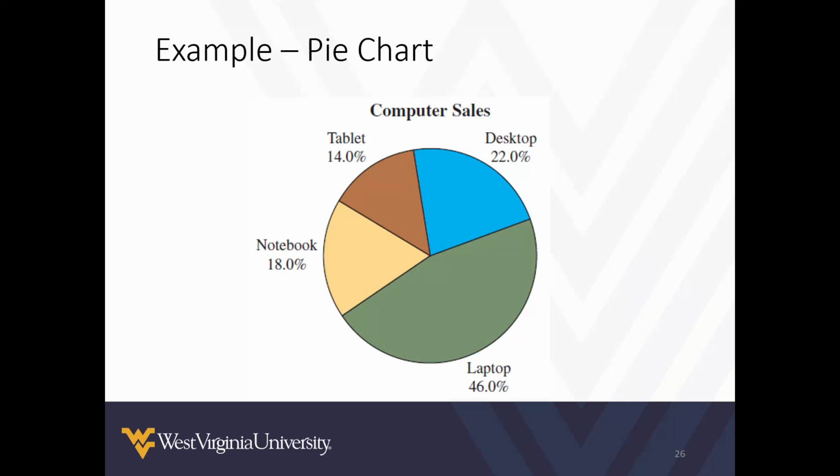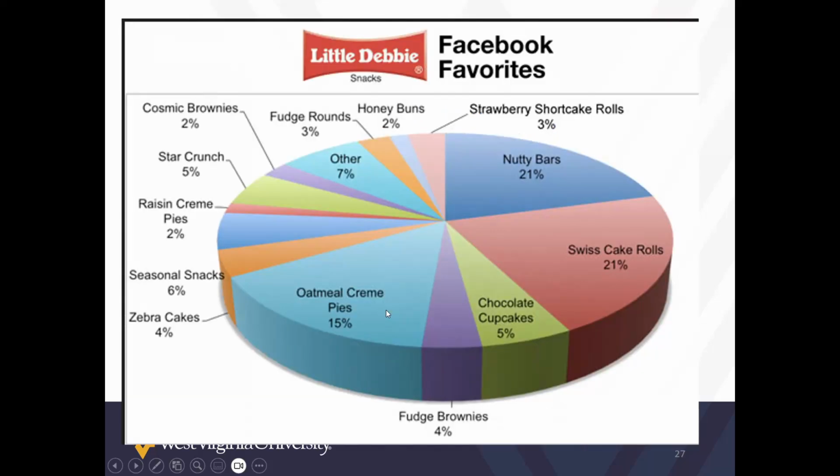Still using our computer sales data set, we can see it in pie chart format, where the tablet takes up 14%, notebook 18%, desktop 22%, and laptop 46%. Here's another pie chart. Little bit of a 3D formatting.